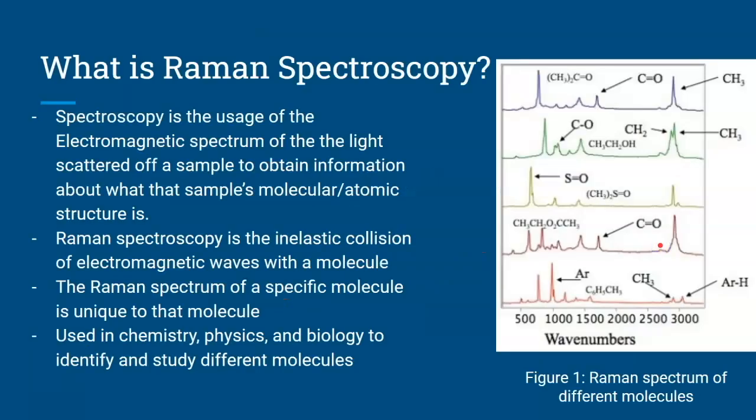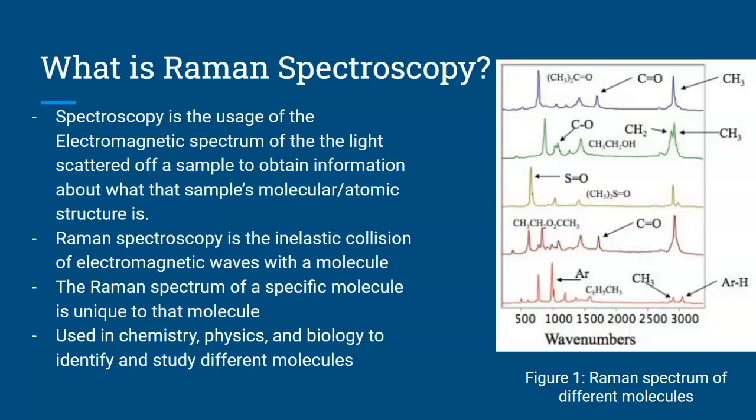So the introduction. What is Raman spectroscopy? Spectroscopy is the usage of the electromagnetic spectrum of the light scattered off a sample to obtain information about the sample's molecular and atomic structure. Specifically, Raman spectroscopy is the inelastic collision of electromagnetic waves with a molecule.